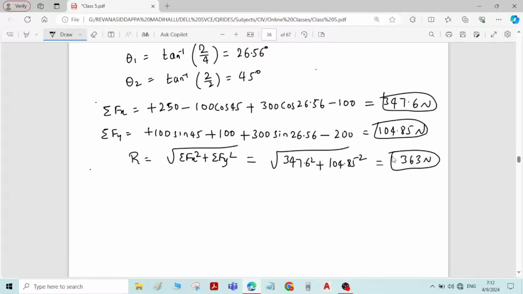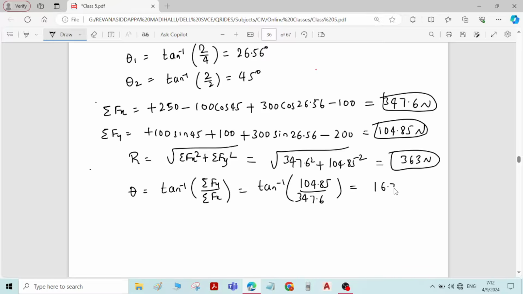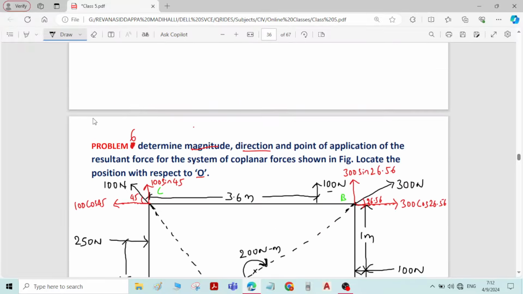And direction of the resultant force, we know the formula theta is equal to tan inverse of sigma Fy by sigma Fx, which is tan inverse of 104.85 divided by 347.6. The answer is angle theta is equal to 16.78 degrees. Thus, magnitude and direction of the resultant force is over.